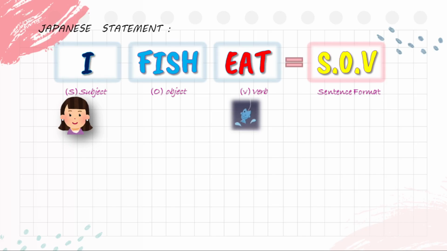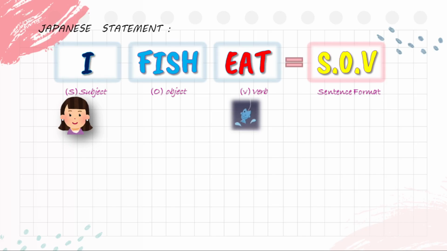Now this might sound a little weird because English and Japanese are just two different poles, two different languages. So just remember, SOV in Japanese. So we place verbs at the end, okay? An object in the middle. And of course, the subject is not changing. Even in English, I was at the first position, and even in Japanese, it's there.